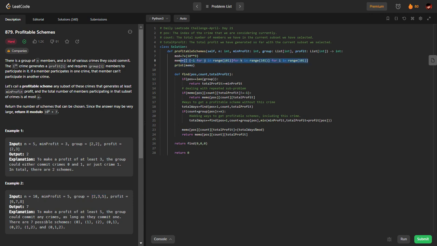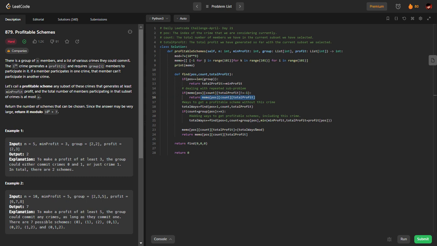If my answer is already calculated, that means for this particular position, this particular count and this particular total profit, the value is not equal to -1, because it's initialized with -1, then it's already updated. So return that same value. This is the idea of memoization. We are reusing the solutions because this question has repeated subproblems, so we save some calculations.